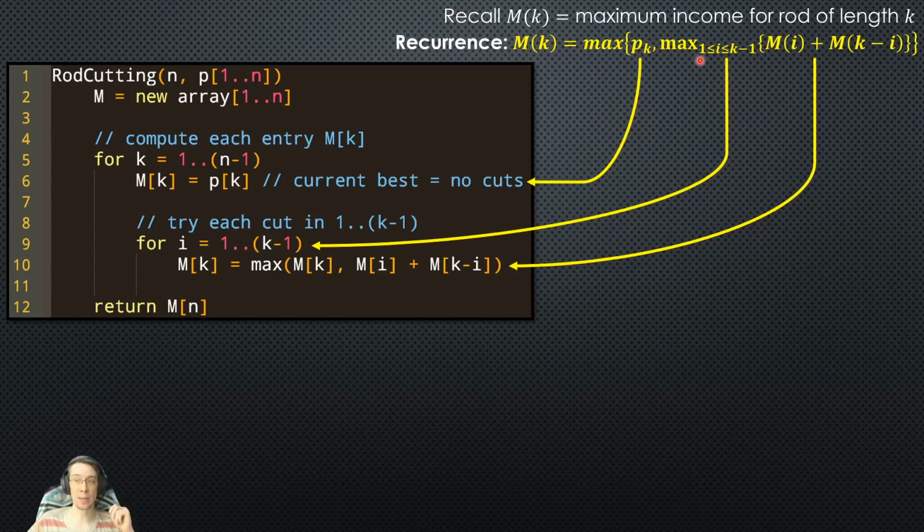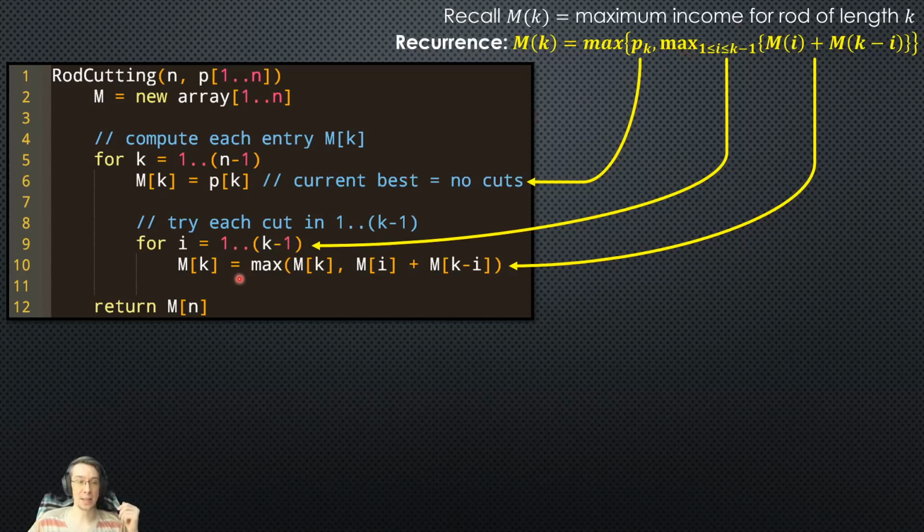Then we implement the max expression with a for loop, iterating from i equals 1 up to k minus 1. In each step we compare the current m of k with m of i plus m of k minus i, replacing m of k with the max of the two. Between these three lines of code, 6, 9, and 10, we end up computing these two max expressions. It's not a direct translation from the recurrence to code, but it's not too hard to see either.